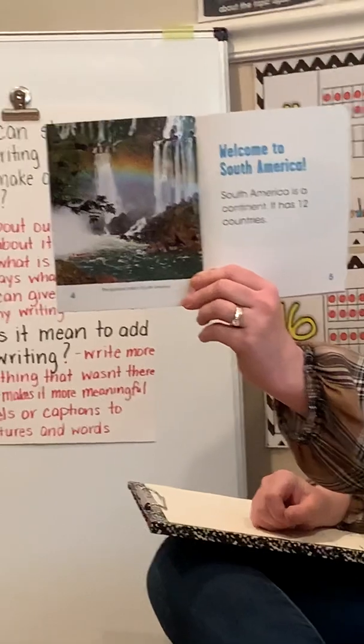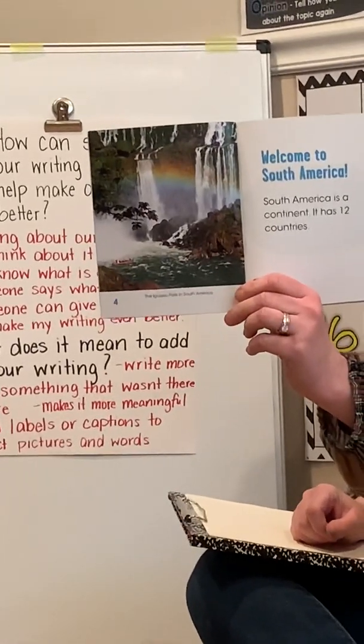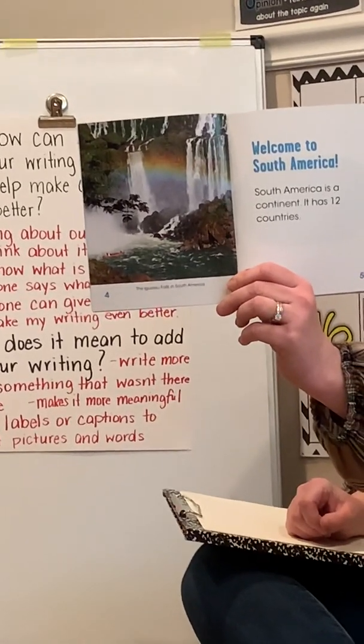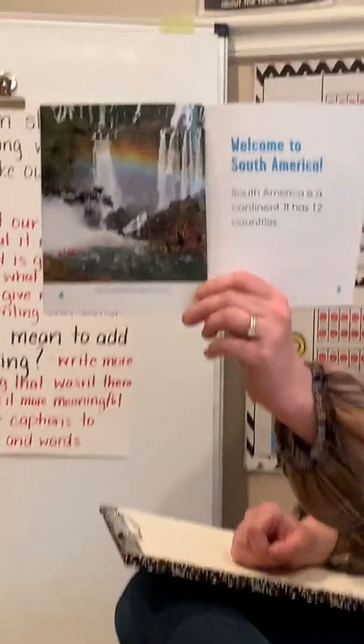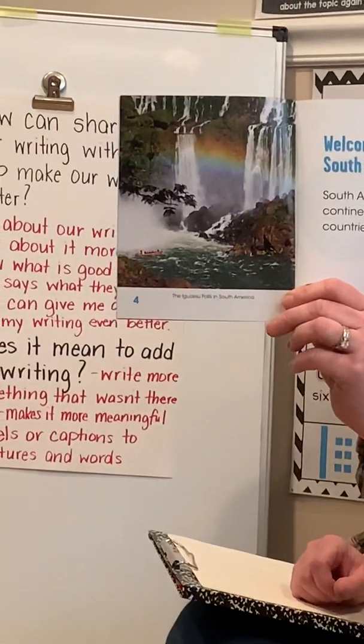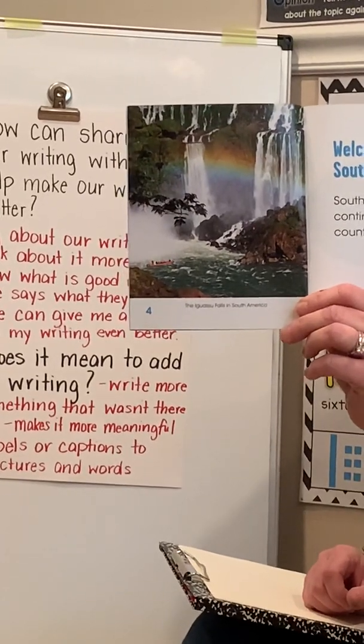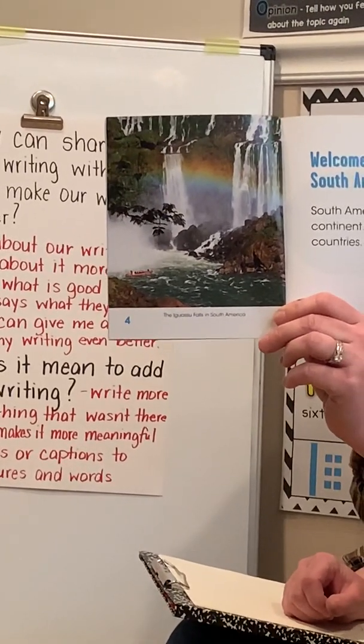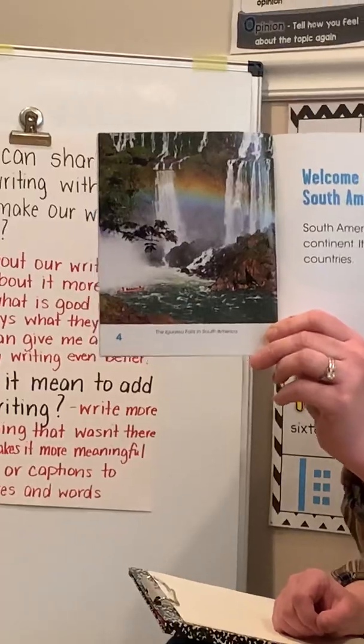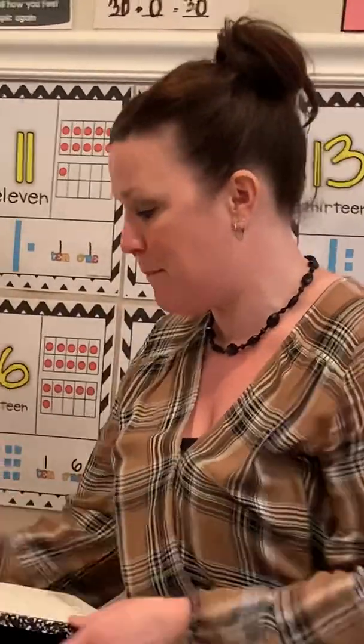Look at how beautiful it is, friends. And if you look really closely at the people in the boat, you can see that they're very, very tiny, right? So that waterfall must be gigantic. It's huge, right? Well, let's take a look at my writing.